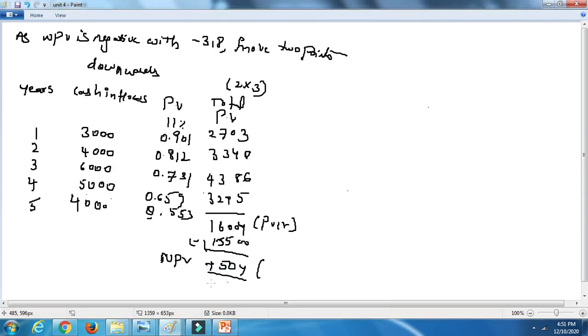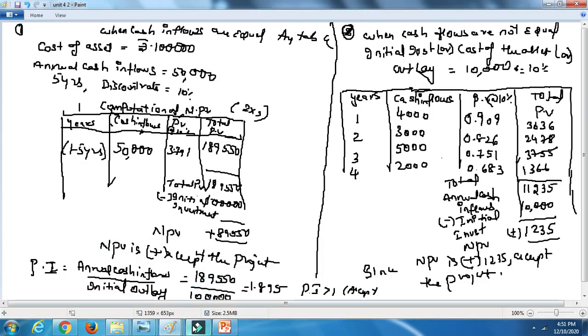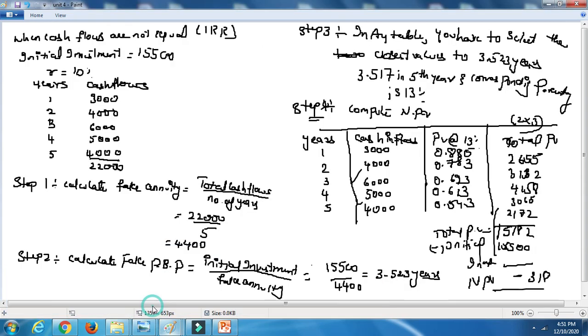So now we got this. Another one is, this 1582 is nothing but your higher rate, PVHR. PVR is nothing but 15,500.